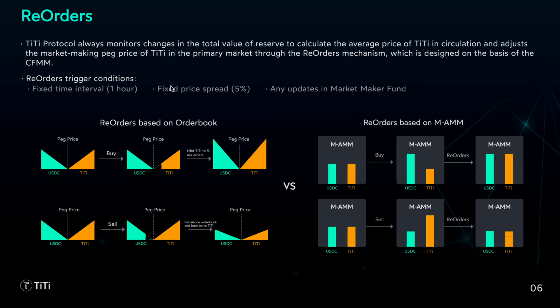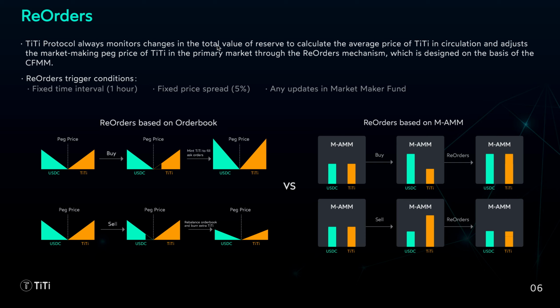Through reorder mechanisms, we have achieved a very key fact, that is, the protocol is always selling and buying TT according to the changes in the supply and demand relationship in the market. This gives users great confidence and guarantees that the stable efficiency is extremely high.